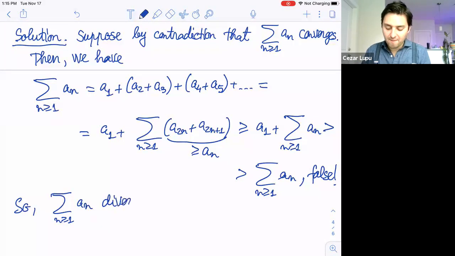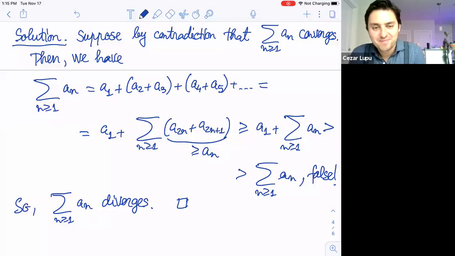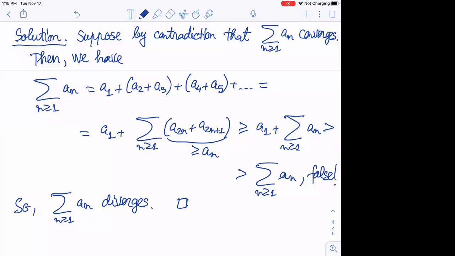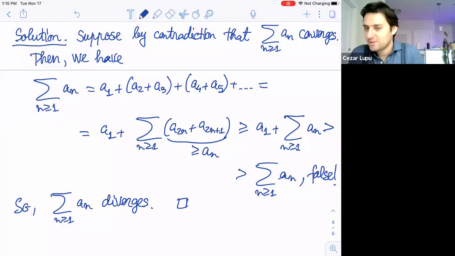That was it. That's the end of the problem. It was very easy, wasn't it? Yeah, once you figure out you have to do proof by contradiction, I think the rest follows. Yeah, that's it. So you see, sometimes you just need some idea, and that's the problem.